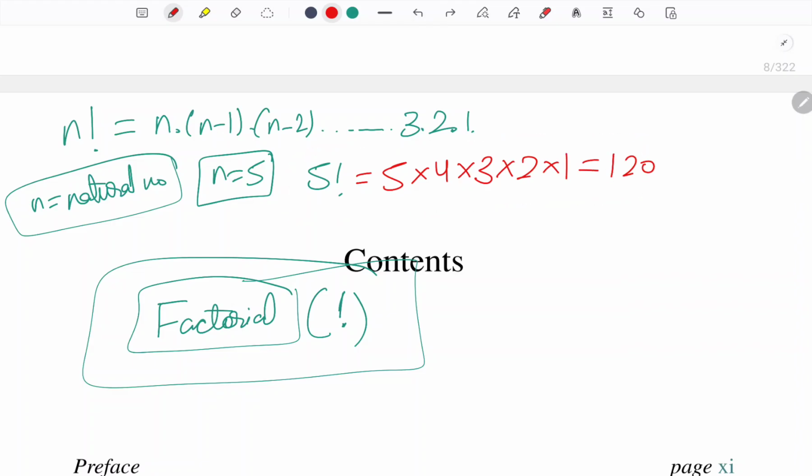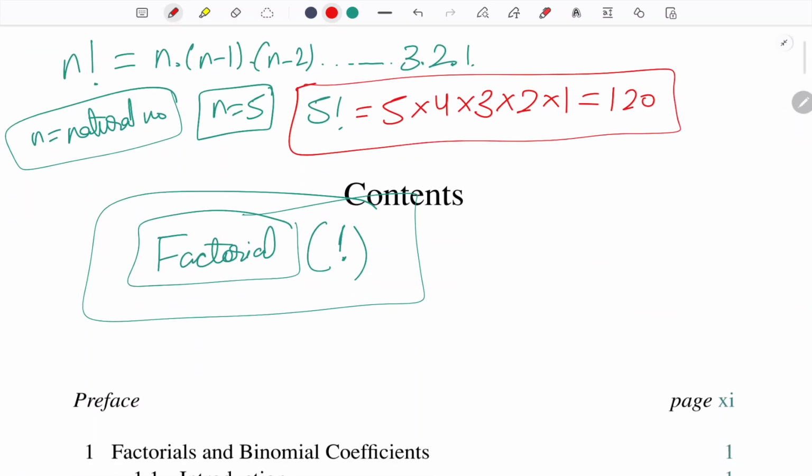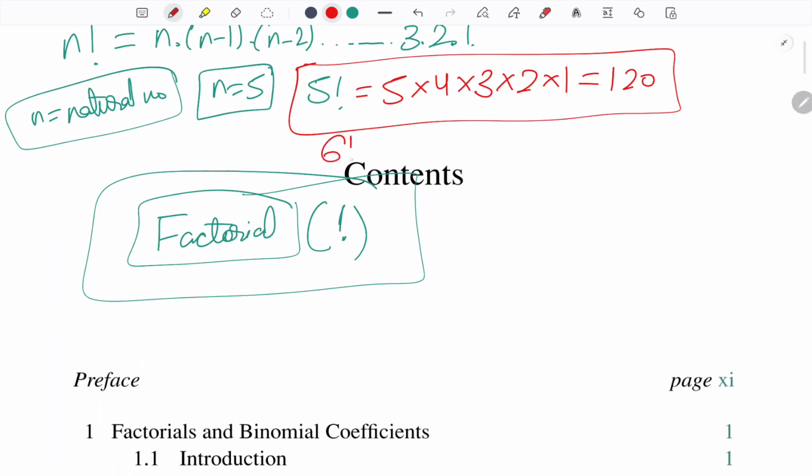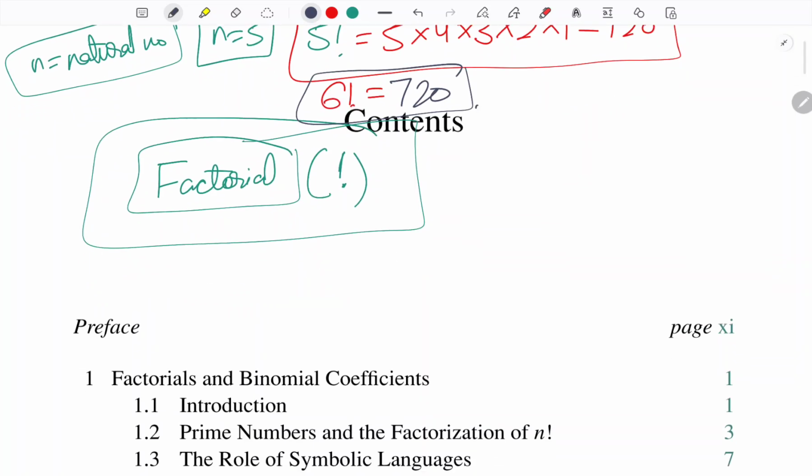For your reference, let me tell you that factorials are not small numbers. When you look at 6 factorial, it is 720. And for a reference of how big a factorial can be, just look at 52 factorial.